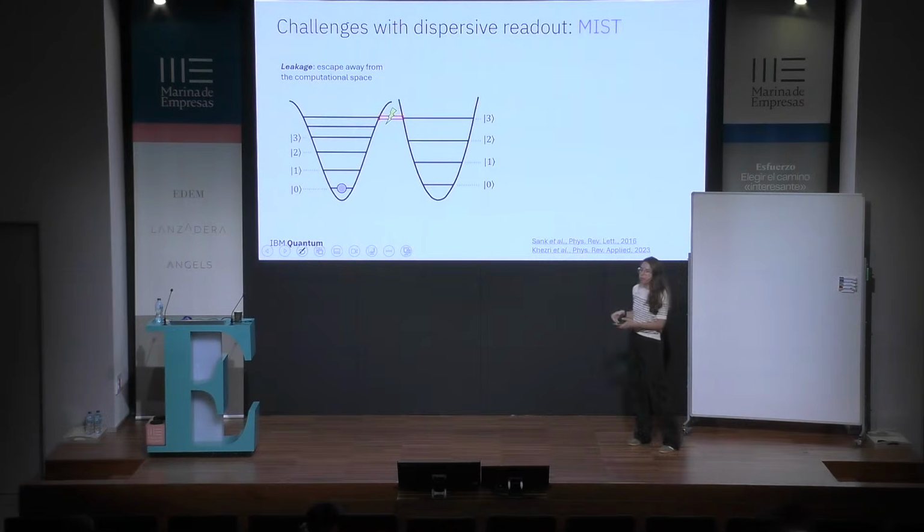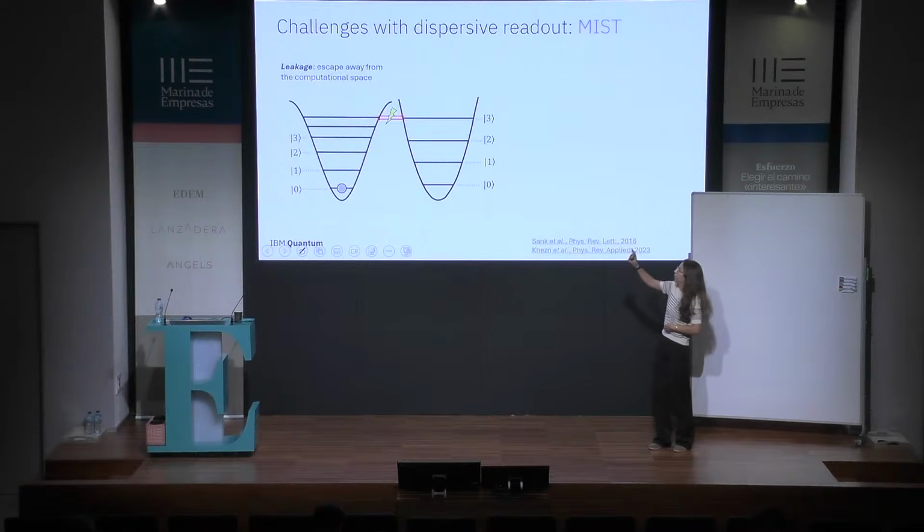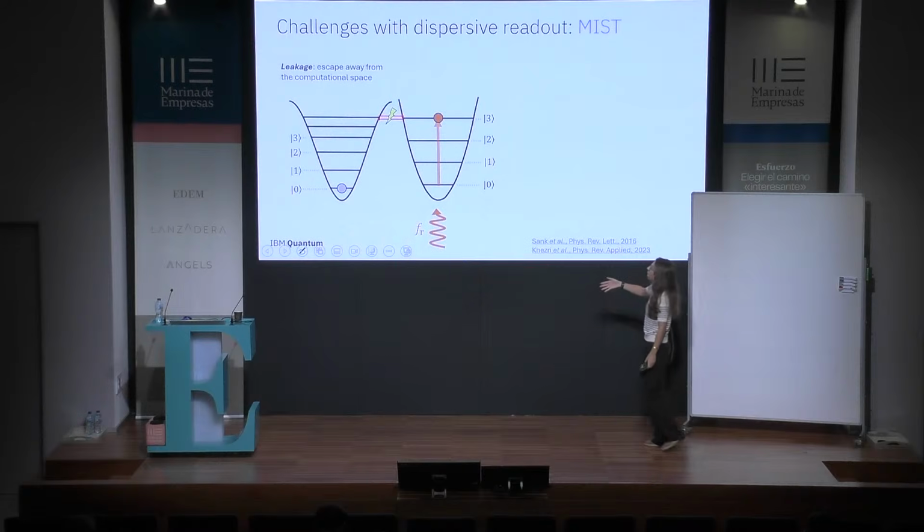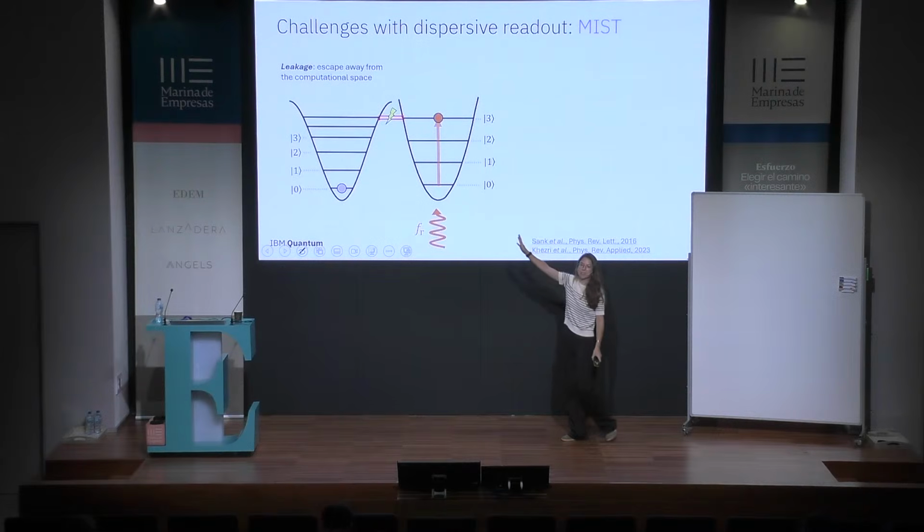And remember, we had this Hamiltonian that exchanged excitations between one and the other. We just went away from that for these low energy states because we detune them and we don't have them in resonance. But if this happens at high energies, that they are perfectly resonant with each other, if you don't have anything in the system, it's still fine. If there is no excitation either on left or right, it's OK. But now if you want to use your resonator to read out and blast it with a lot of energy and excite it to high energy states, it doesn't even look as in this simplified picture.